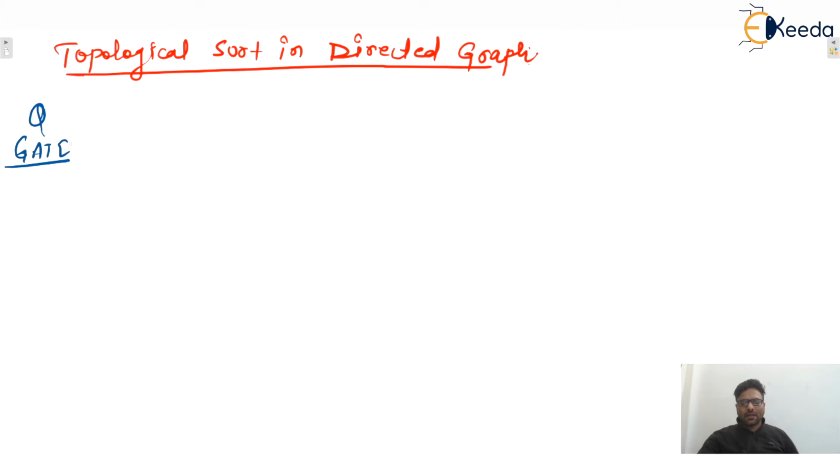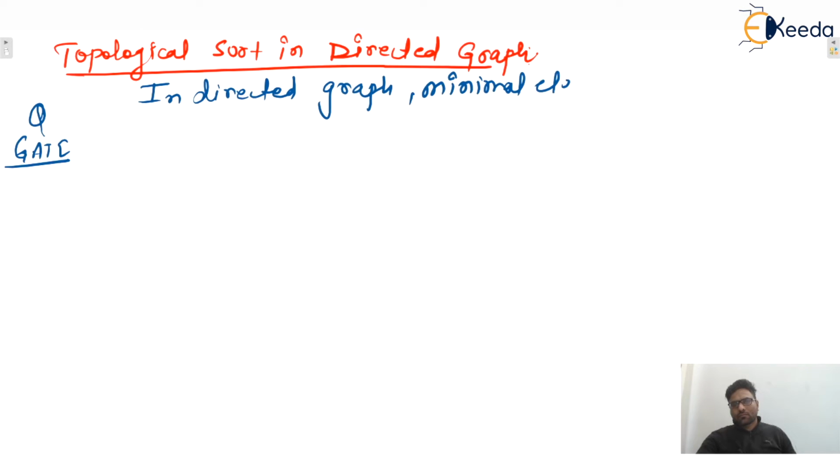So we can say that in a directed graph, the minimal element is assumed to be that particular node which has incoming degree, or in-degree, equal to 0. So in a directed graph, minimal element means in-degree equals to 0.